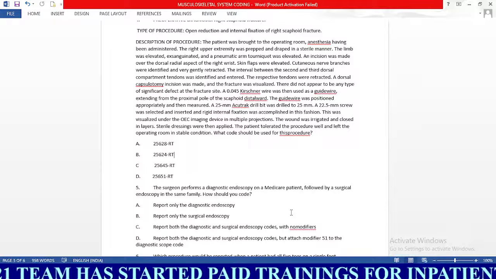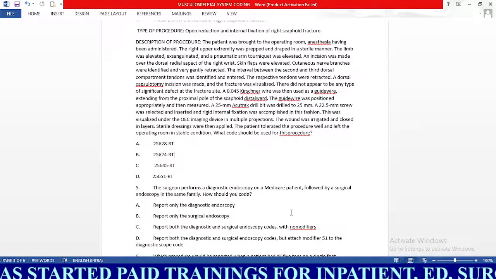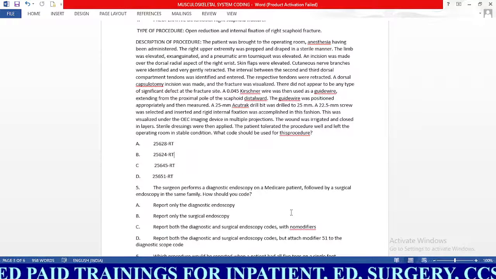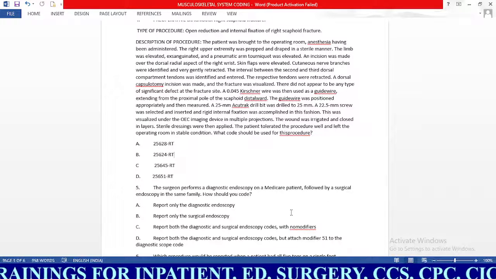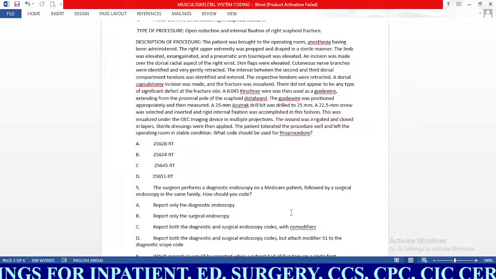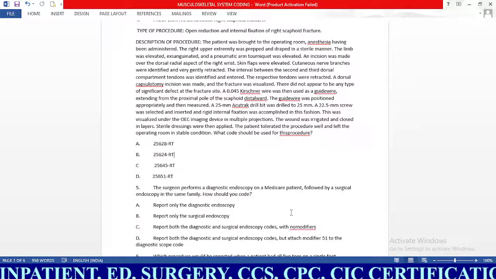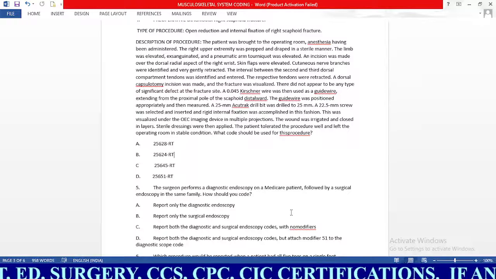So here our answer is B, report only the surgical endoscopy. Most of the people wrote the correct answer. No worries, this is a basic CPT guideline for endoscopy procedures. You need to remember surgical arthroscopy includes diagnostic arthroscopy or endoscopy. B is the correct answer here.